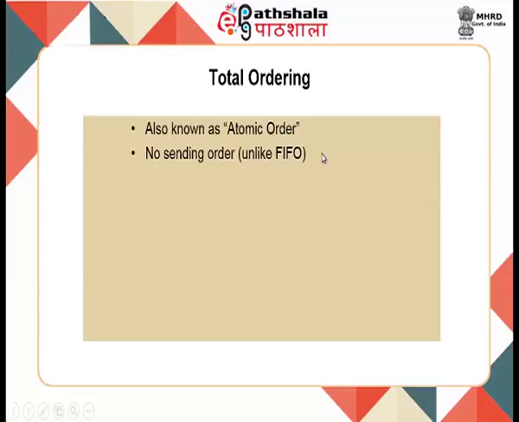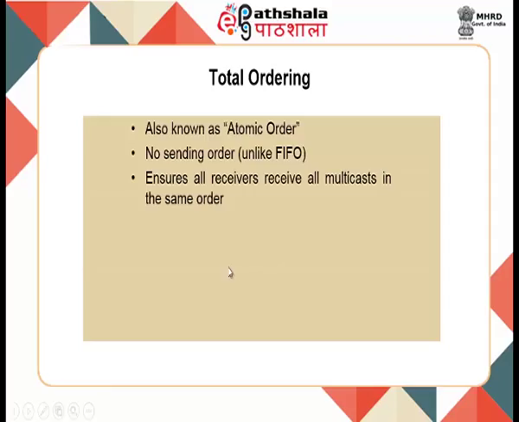So, in atomic ordering, we don't really put any restriction on the sender's order, unlike FIFO. In FIFO, we said the sender's order is important. Even in causal, the sender's order is important. But in total ordering, we do not worry about the sender's order at all. But it ensures that all the receivers receive the multicast messages in the same order, irrespective of the sender's order.